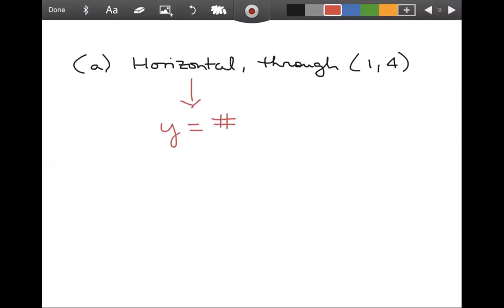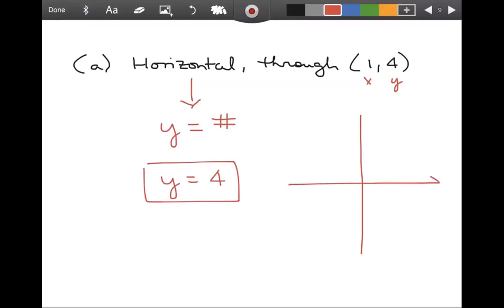Well, we're told that the line passes through the point 1, 4. 1 is the x, 4 is the y. So what all of the points on this line are going to have in common is that y is going to equal 4. And if you draw a picture, it might help you see why that's correct.